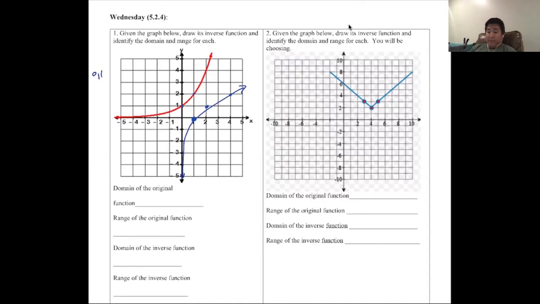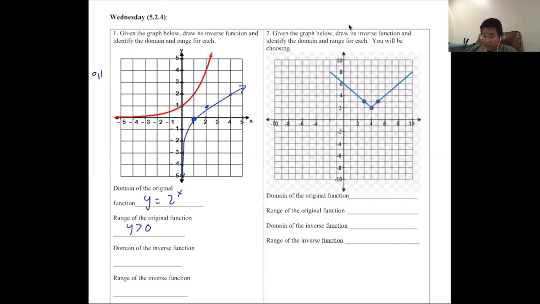What is the original function? This is y equals 2 to the x. The range for the original function is y is greater than 0.